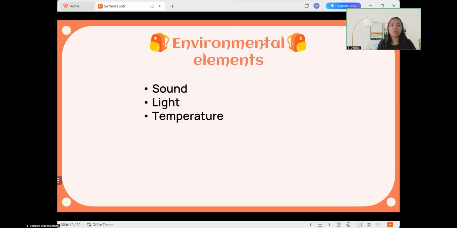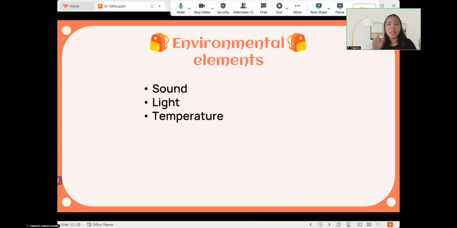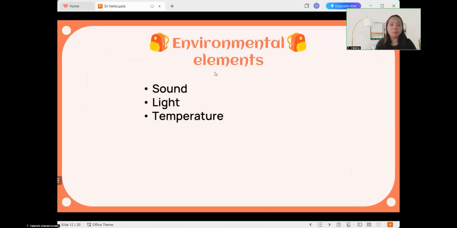Now let's have the environmental factors. As someone said, some learn best when it's quiet. And some learn best when they are hearing some songs. Now let's have light. Some learn during the day or when it's bright. Some learn best when the lights of their rooms are dim.